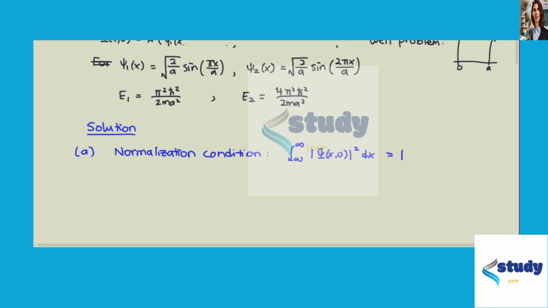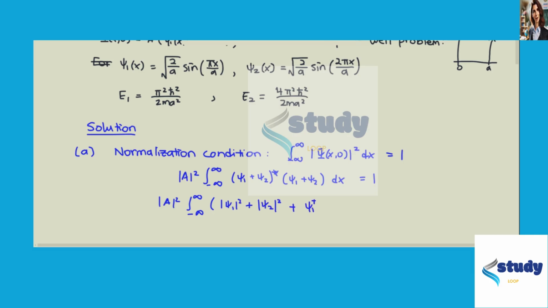So what you are going to have is mod A squared, integral of (psi 1 plus psi 2) star times (psi 1 plus psi 2) dx equals 1, and then you are going to have mod psi 1 squared plus mod psi 2 squared plus psi 1 star psi 2 plus psi 2 star psi 1, dx equals 1.